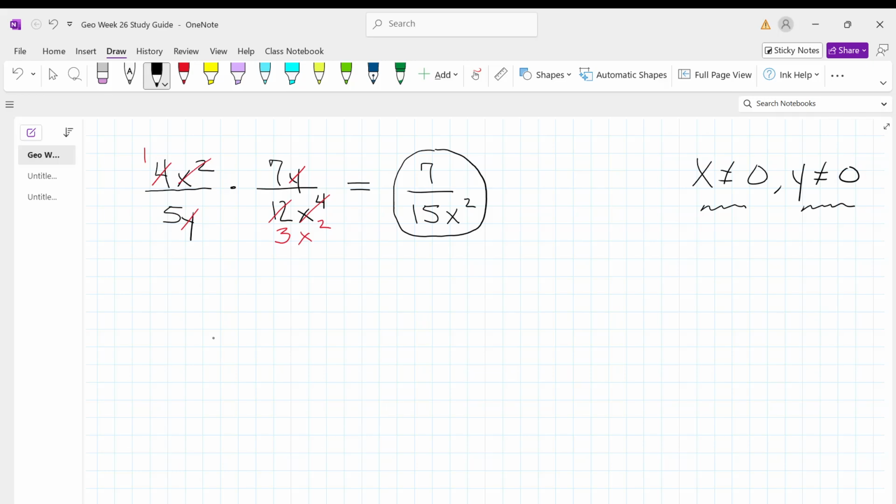Let's look at x squared plus x minus 6 over x minus 5. We're going to multiply by x squared minus 25 over x squared plus 4x plus 3.